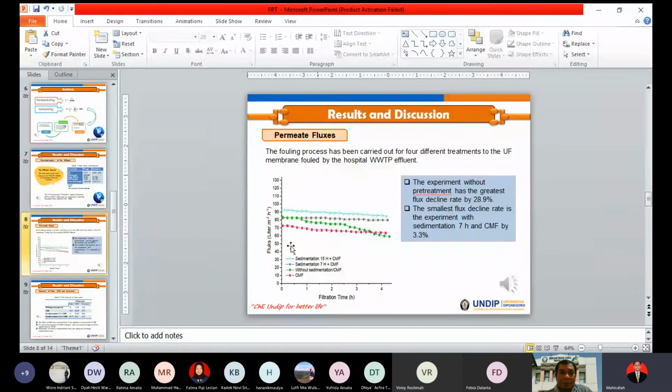Here, I just did sedimentation 15 hours and sedimentation 7 hours. What if I do a longer sedimentation plus cloth media filtration? Maybe I can find a solution to my research problem, so that is needed for the research. My spelling is not really good.